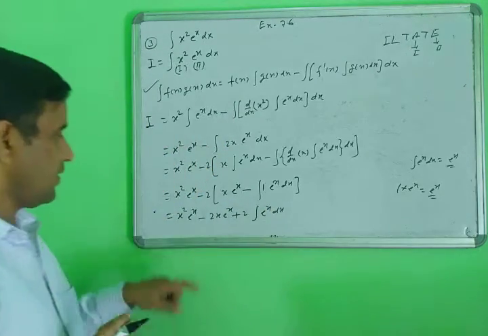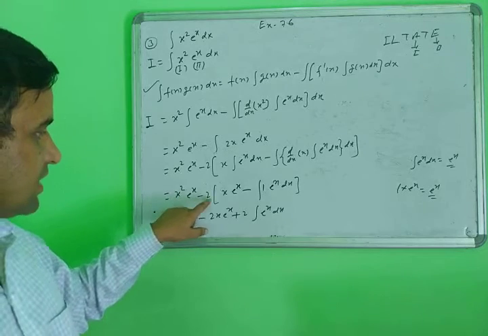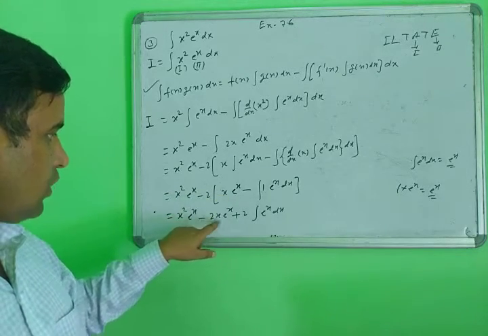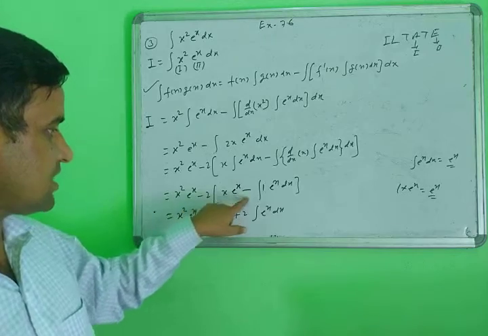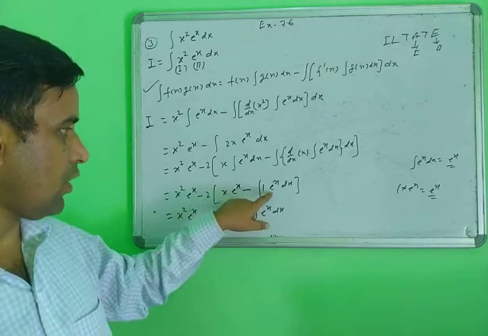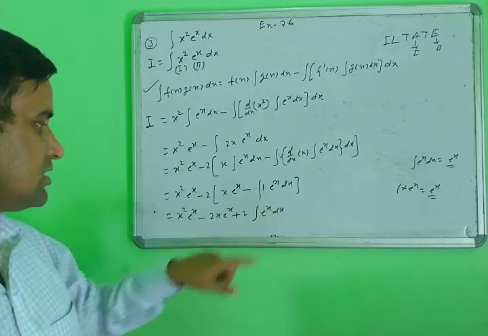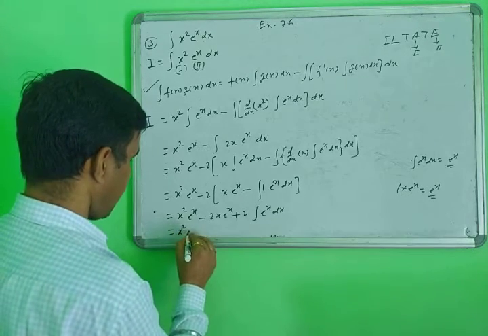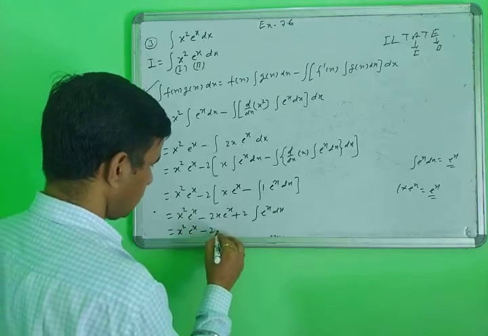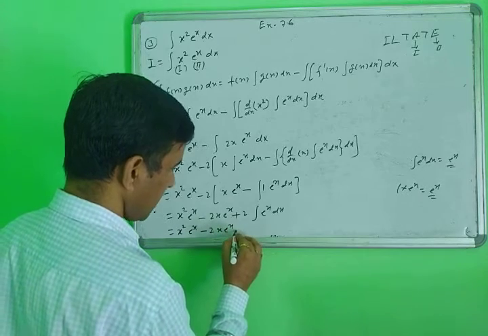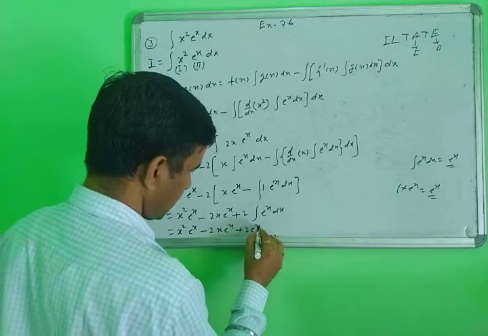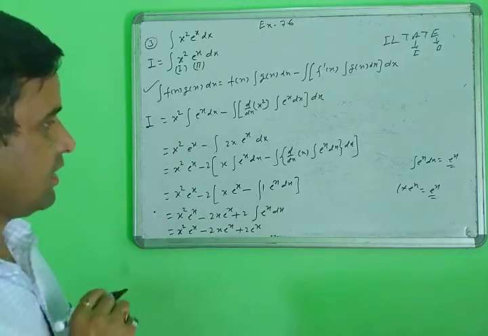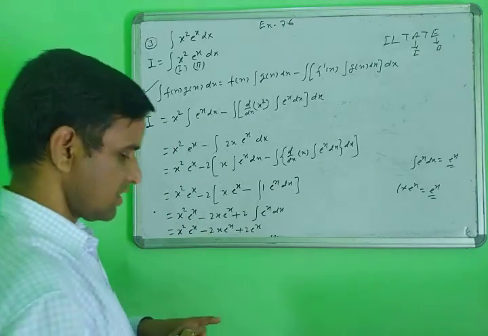Multiply inside: minus 2 x e exponent x, minus minus becomes plus 2 times the integration of e exponent x dx. Again integrating this part, the result becomes x square e exponent x minus 2x e exponent x plus 2 e exponent x. Then you will get the answer here.